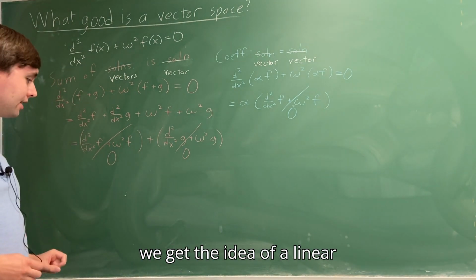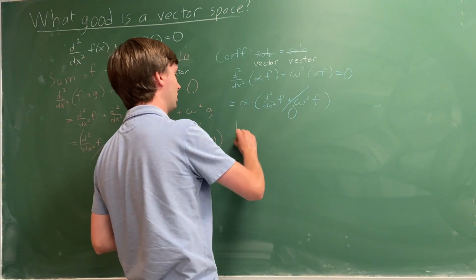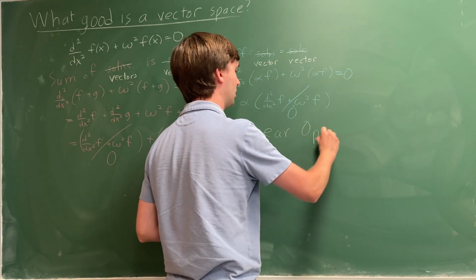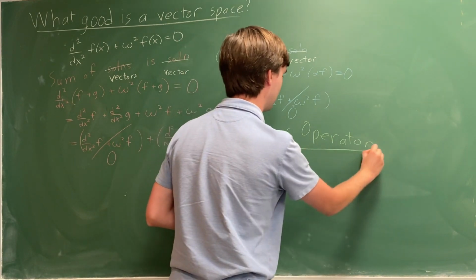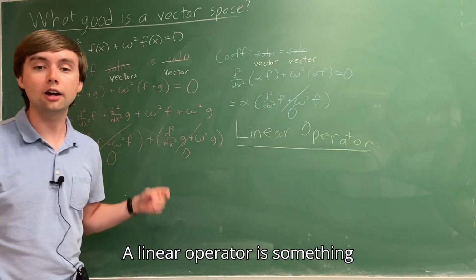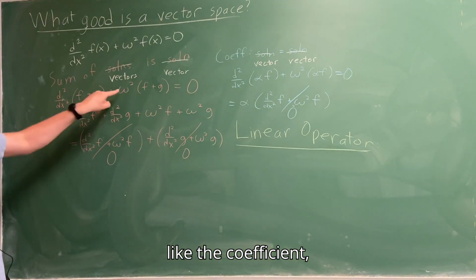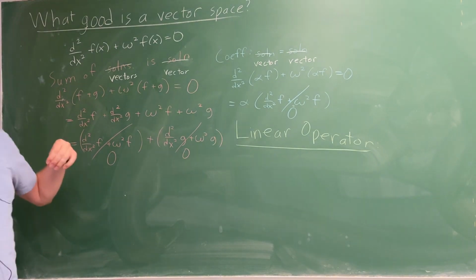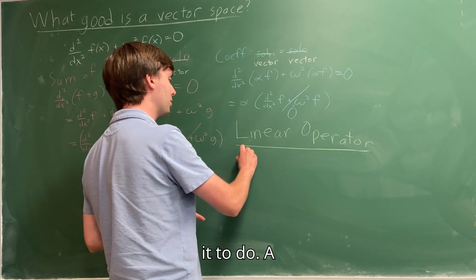So we get the idea of a linear operator. A linear operator is something like the coefficient or like the two derivatives, where it does the two things that we need it to do.